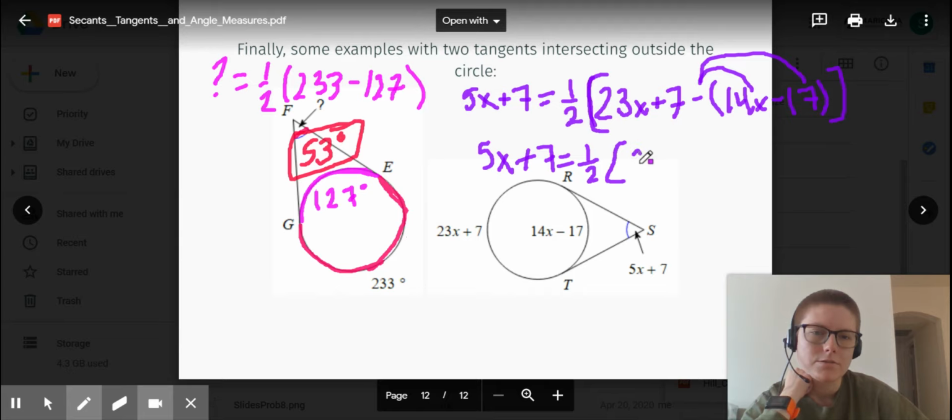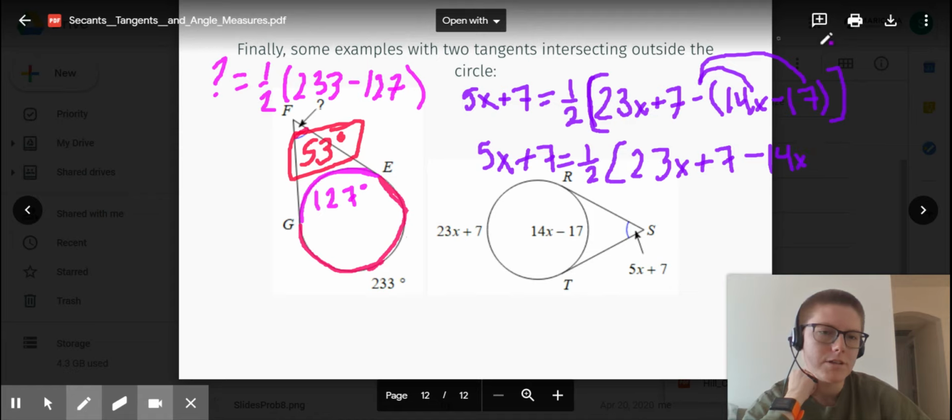Bracket 23, not 2x. 23x plus 7 minus 14x, because we've distributed the negative. This is a negative times a negative, so it's going to be plus 17.